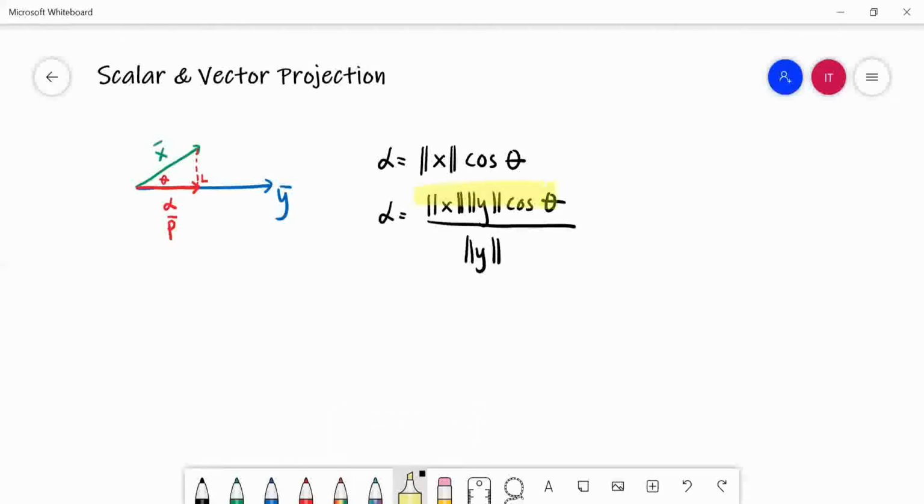This part is the dot product between x and y. That's why the equation here can be written using the dot product.